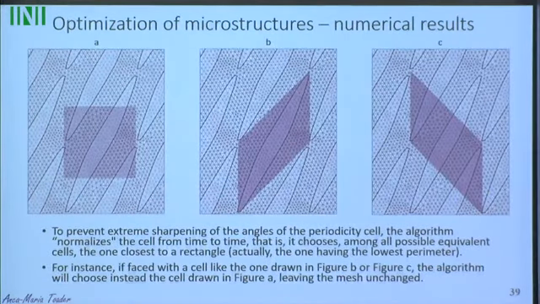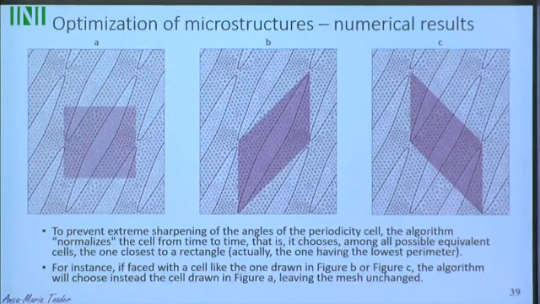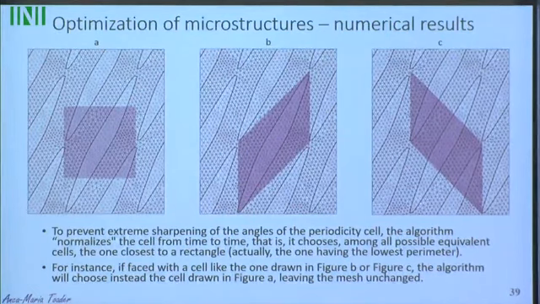And another detail is that we want to prevent extreme sharpening of the angles of the periodicity cell. So when the code is faced with such a periodicity cell, it will normalize it.